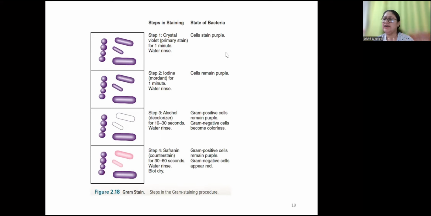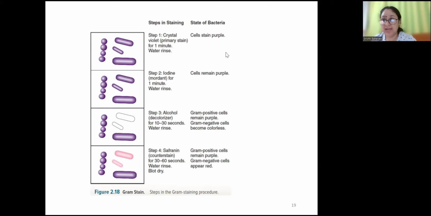Gram positive cells already have the purple color and will not be affected by it. But the gram negative cells, which lost their purple color, will now be stained slightly pink. So we will see a combination of pink and purple cells. The purple ones are gram positive and the pink ones are gram negative.